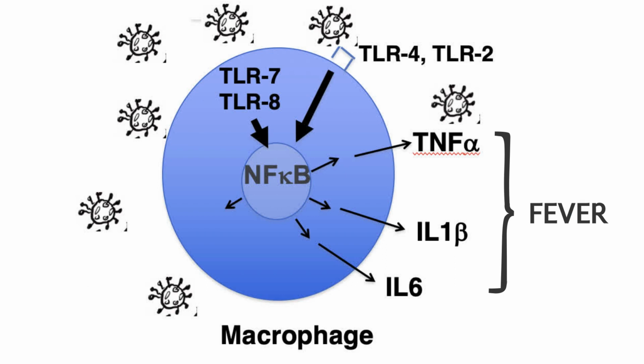TLR2, 4, 7, and 8 all activate NF-kappa B, resulting in the production and release of multiple cytokines, including TNF-alpha, IL-1 beta, and IL-6. All three of these cytokines stimulate a rise in body temperature, resulting in fever.